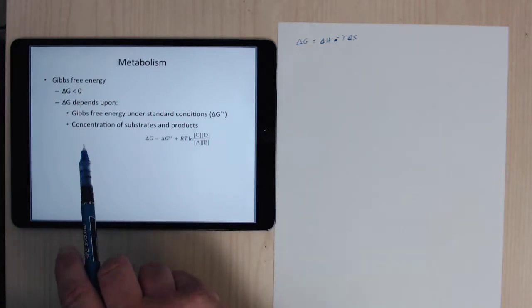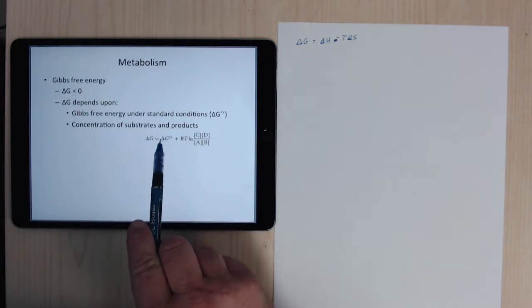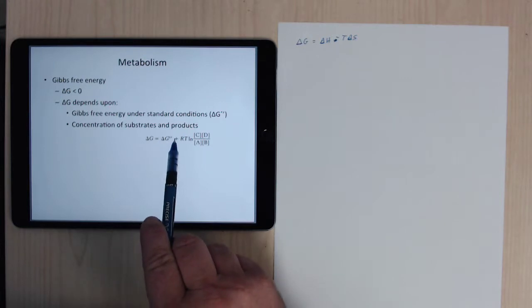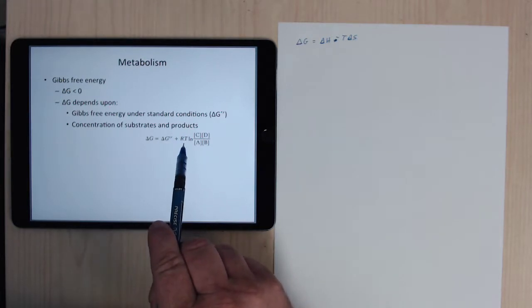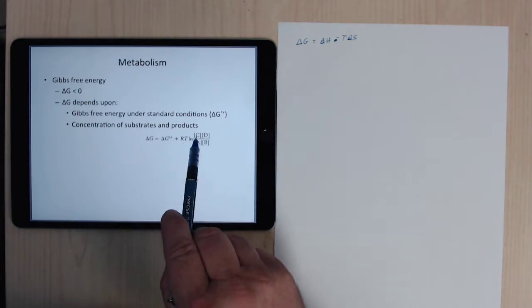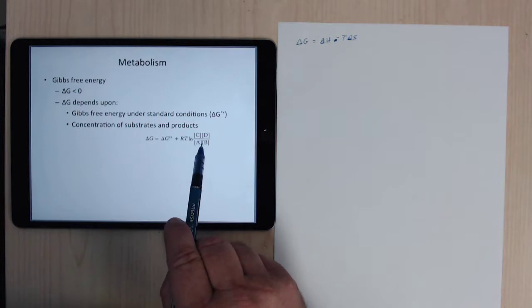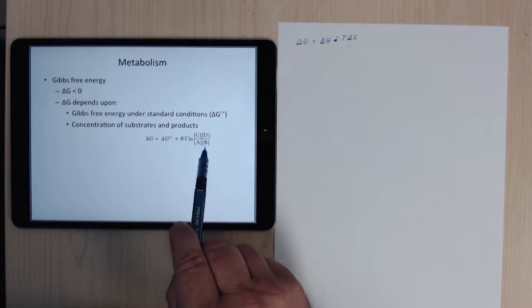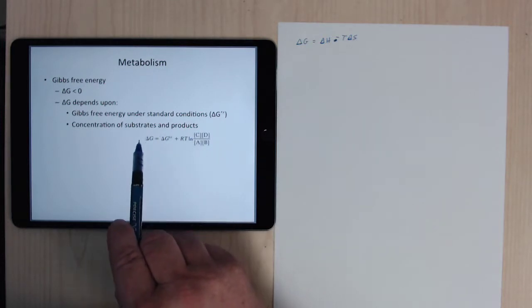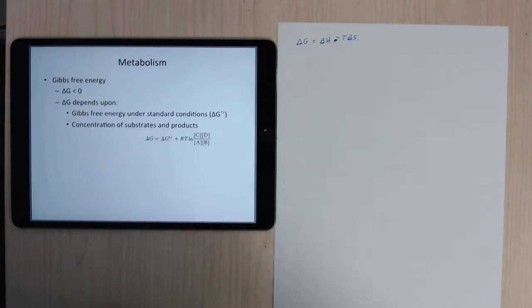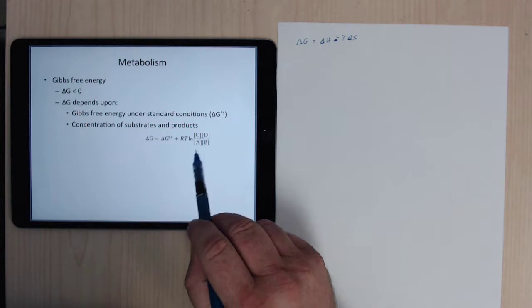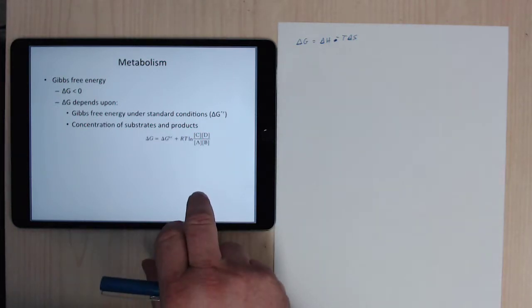The cell doesn't really have any control over the standard delta G, the R or the T. You can't really change its temperature, but it can change the concentrations. And by changing this, you can change the value of this to compensate to make this negative. So there are some things the cell can do in order to drive reactions.